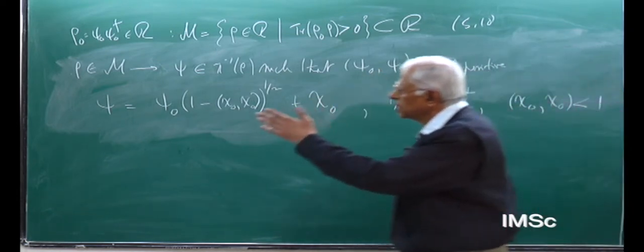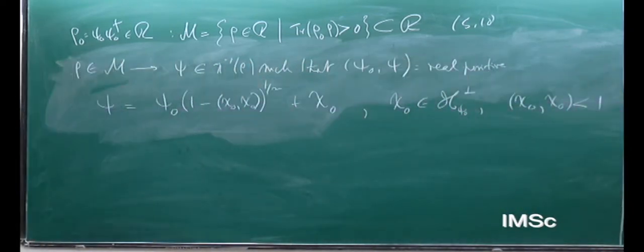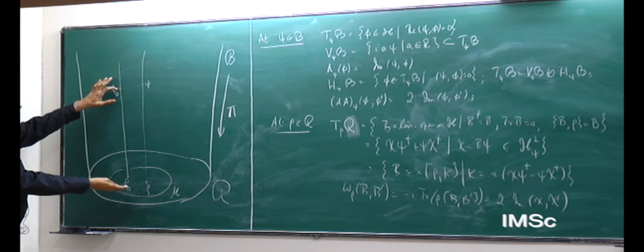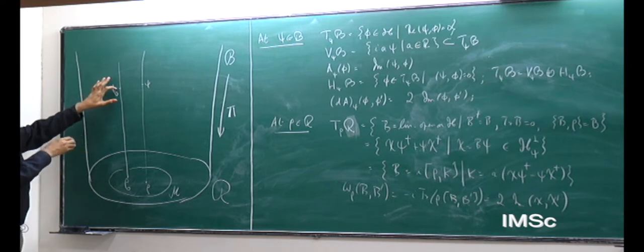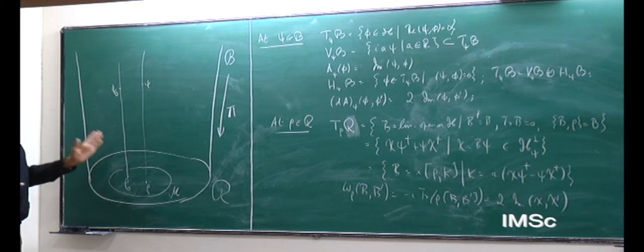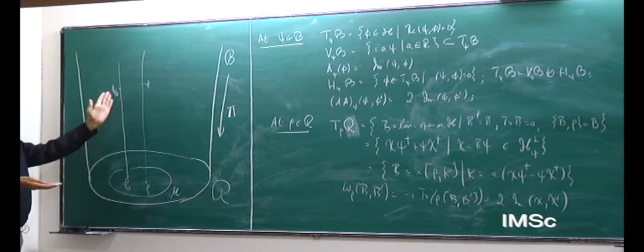Take this psi, which is in phase with psi 0. It has a non-zero projection along psi 0 by the definition of this neighborhood. So it is a positive real number times psi 0 plus something orthogonal to psi 0. If the rho is different from rho 0, there will be some component orthogonal to psi 0.